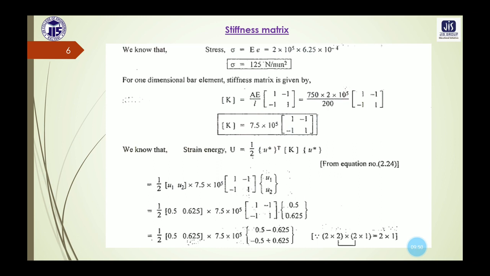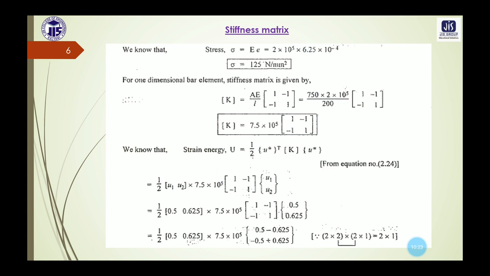Now to calculate the fifth or the last part of this numerical, we need to calculate the strain energy. The formula for the strain energy of this bar element, we can write capital U equals half multiplied by the U star matrix transpose, multiplied by the stiffness matrix, again multiplied by the U star matrix. So this is the formula of the strain energy.